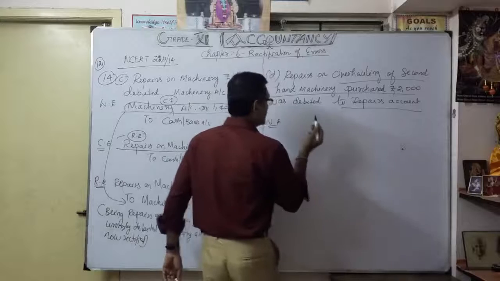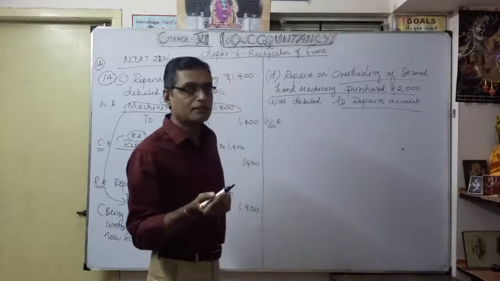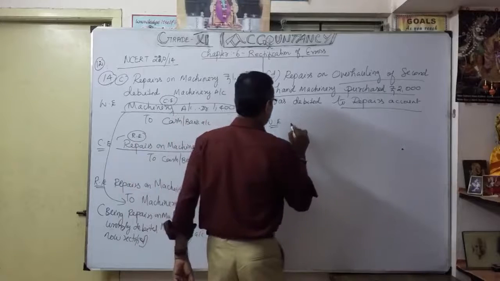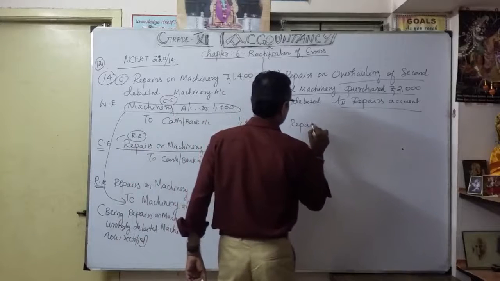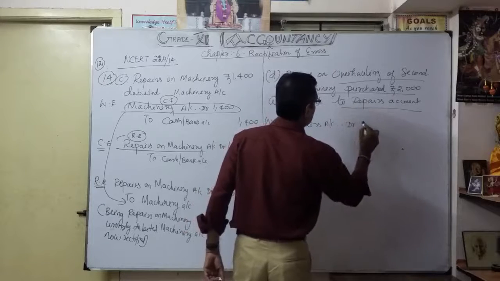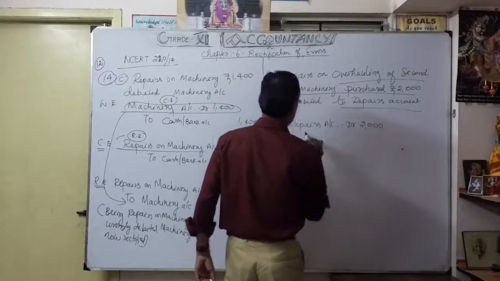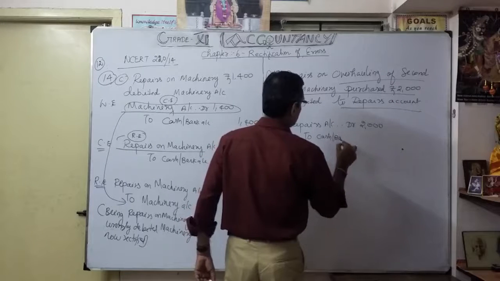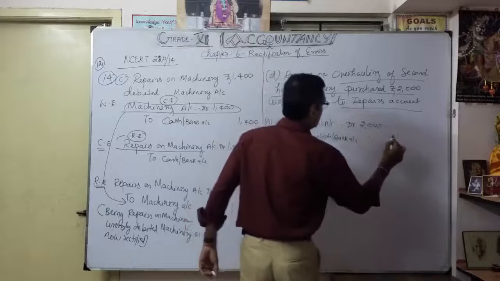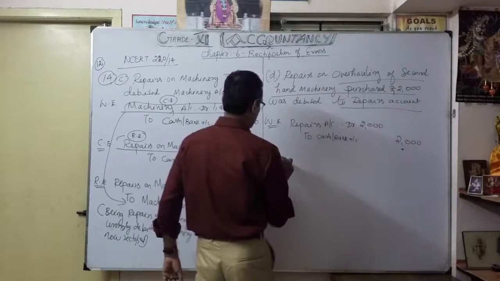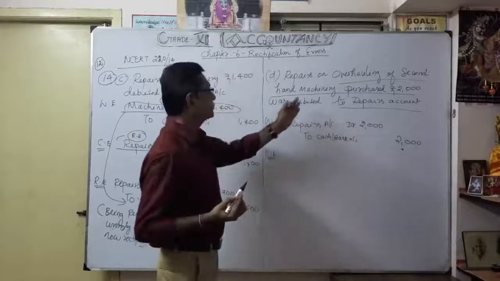Same manner here. So what happened? First wrong entry: repairs account. That means they considered it a revenue expenditure. Okay. So repairs account debit 2000 to cash or bank account. Okay, 2000. So what is the correct entry? You should debit what?